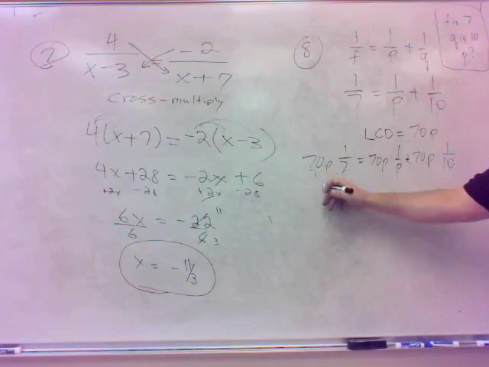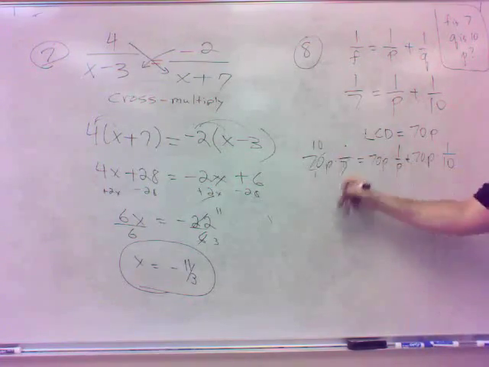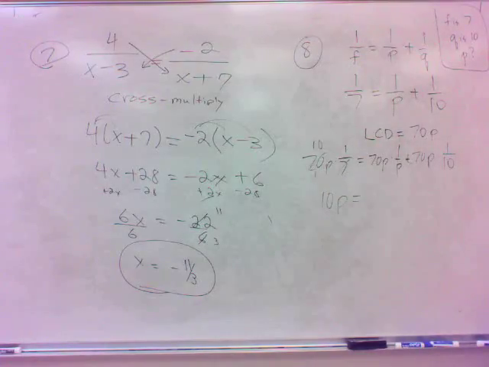Since that's 70 over 1, I can cancel the 7 factor there. So that gives me 10 left. 10p times 1 is 10p. What happens here? P's cancel. That's just 70. Plus here, 70 over 1, so cancel by 10s. 7. 7p times 1 is 7p.